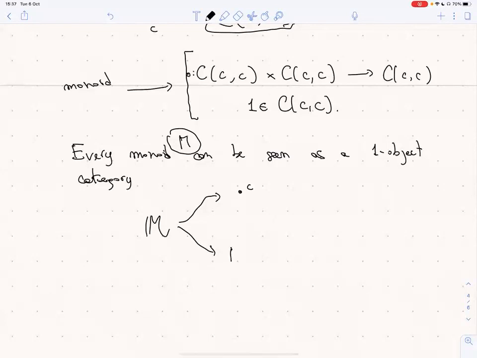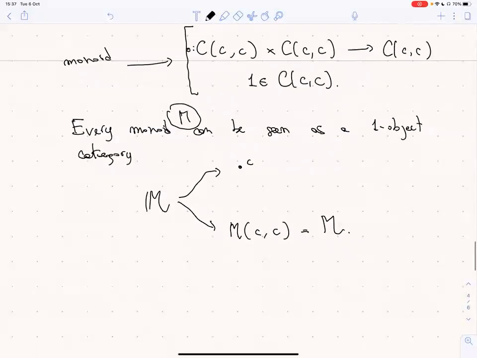And then the hom-set M(c,c) is precisely our monoid M. So it's the set M together with the composition and the unit of M. And this allows us to see monoids as categories, and of course also groups as categories, because these are just very special monoids.